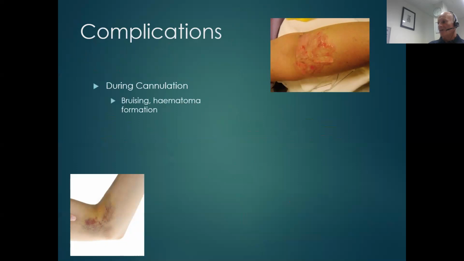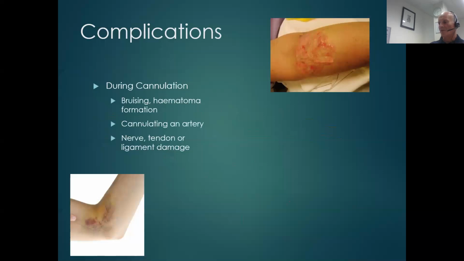Okay, during cannulation, we can have bruising and hematoma forming because we've gone through the vein. We can cannulate an artery. We don't want to do that. So knowing our landmarks is vitally important. We can also, unfortunately, at times, cannulate a nerve, or cause tendon or ligament damage if we're not trained and competent of doing this.